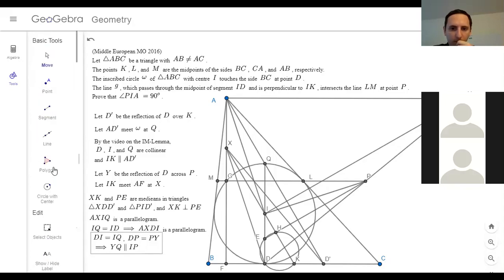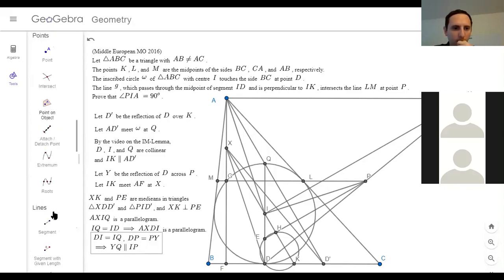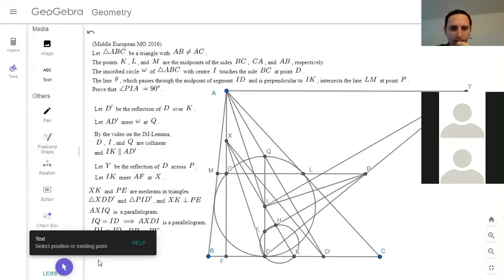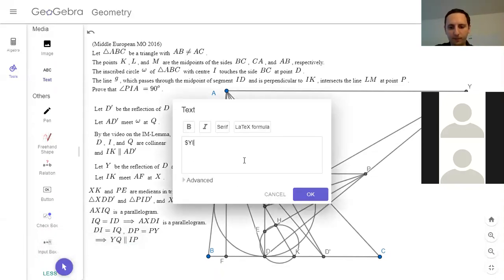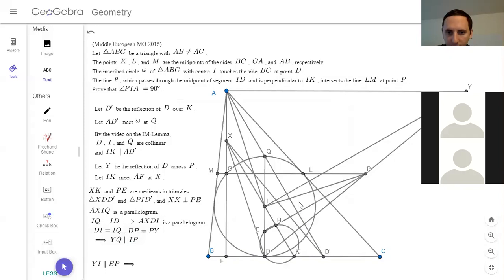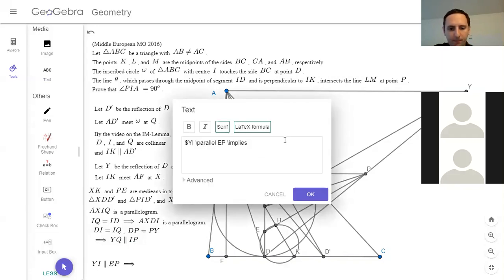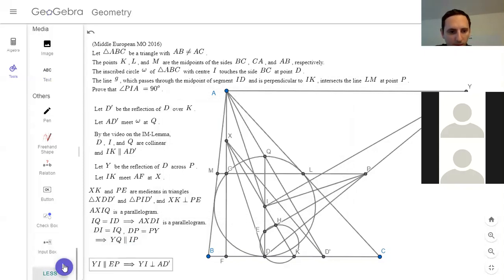Okay, so we also have YI is parallel to EP. And that means that YI is perpendicular to AD prime. Okay.